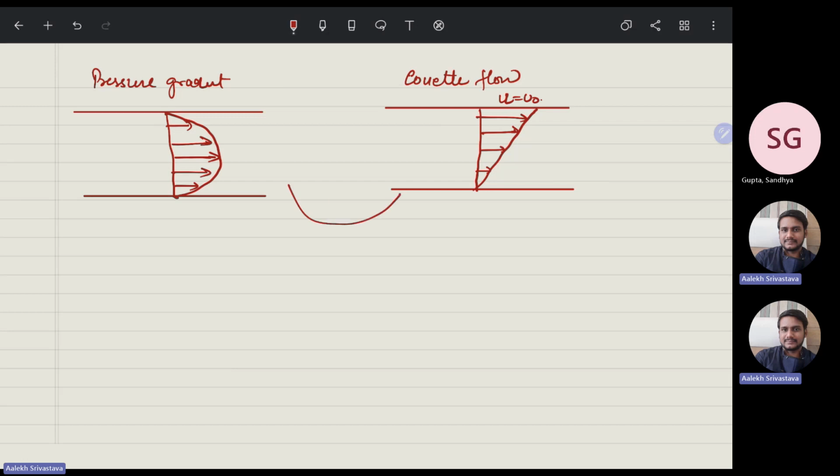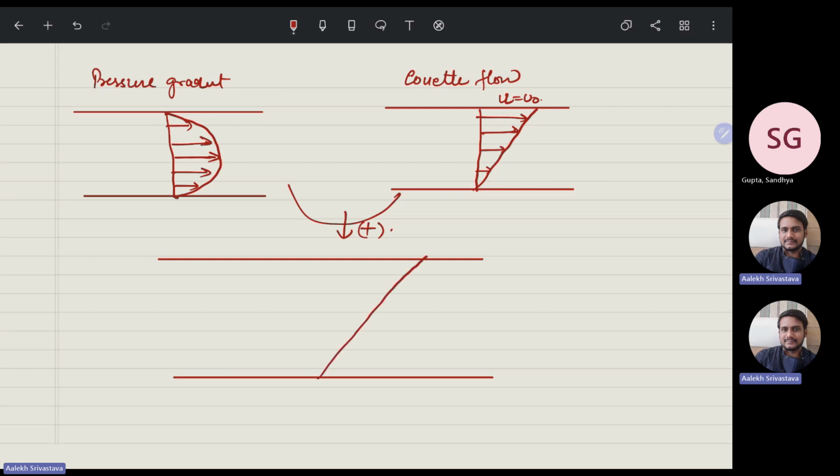Now if we have a flow where both the things are combined, then what will happen? For that, at different pressure gradients, you will find out that first this will be there. Okay, this is for dp by dx is equal to 0. Then it will be like this if the pressure gradient is favorable.